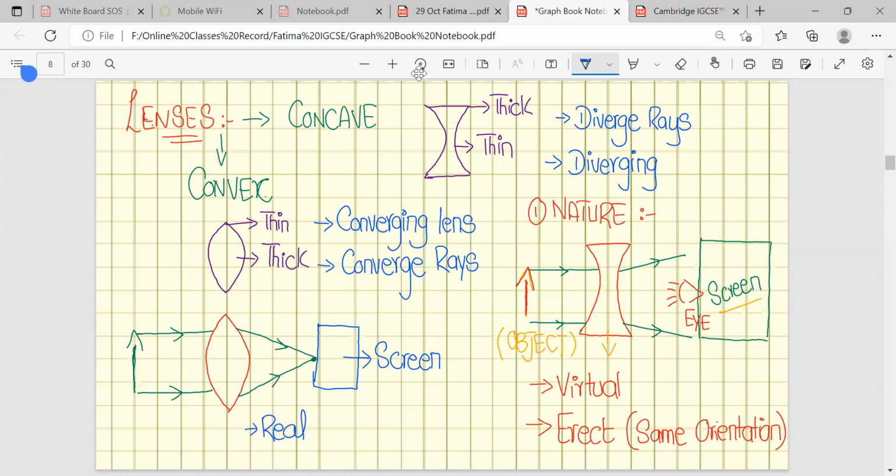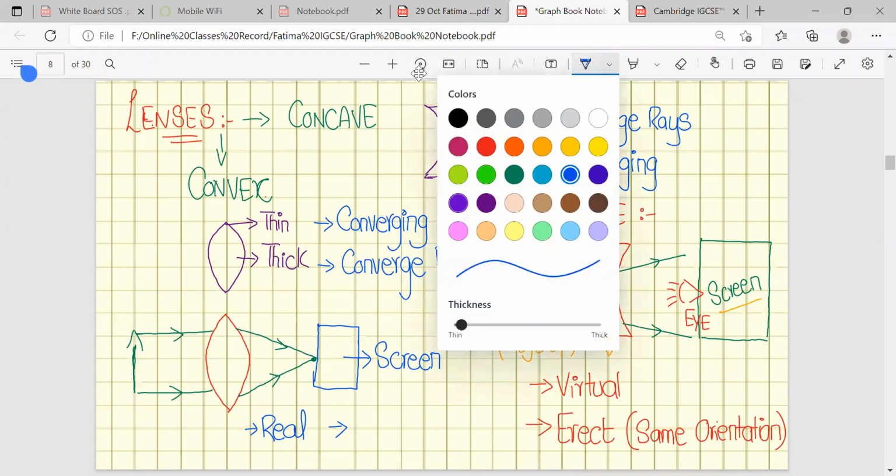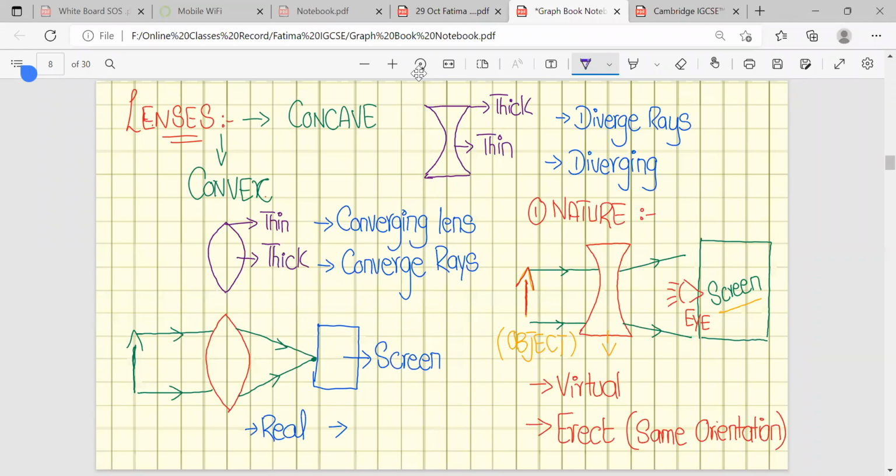So the image will be real. And if we discuss the orientation of an object, what will be the orientation of the object? Is it erect or in inverted form? You can clearly see that this is the head of an object and this is the tail of an object.